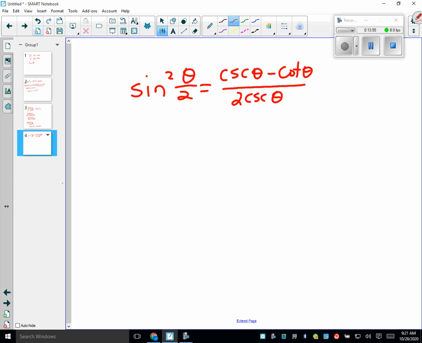I think we want to work the right side. I agree, because I don't like to take things to cosecant and secant and cotangent, because I know sine and cosine better.